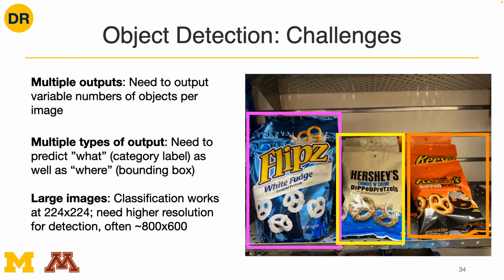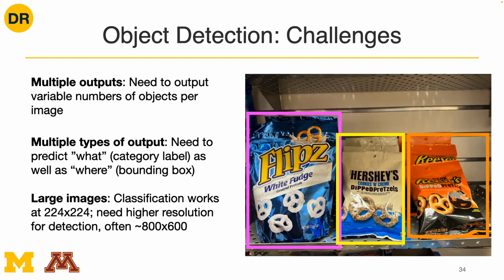So your network or architecture has to be flexible enough to output multiple outputs, and also multiple types of outputs. We are looking at not only one output for every detection. We are talking about what is the detected object and where it actually is in the image.